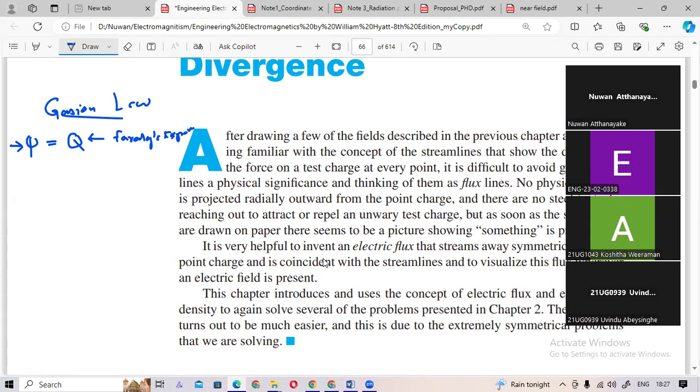So we know this: the electric flux is equal to the total charges. I think this is the basics for Gauss's law.